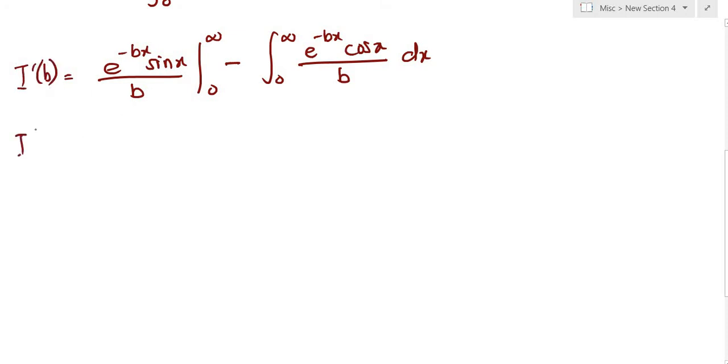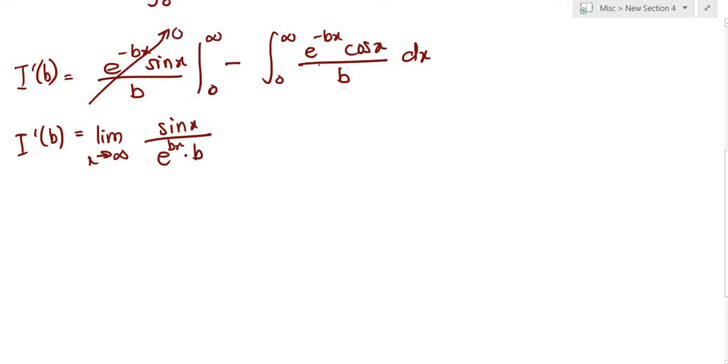Now I prime of b is, say we plug in infinity now, so we're basically going to be having the limit as x goes to infinity of sine of x over e raised to bx, I'm just writing it in the denominator, times a regular b, minus, when you plug in 0 in the place of x, because of the sine everything will go to 0.